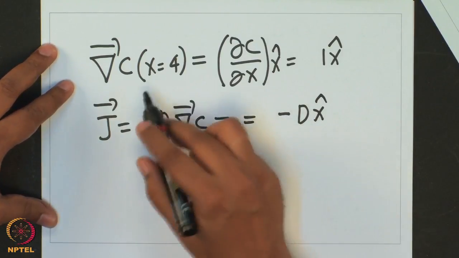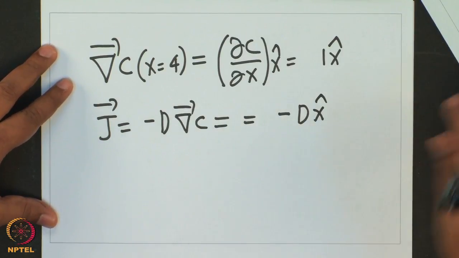So this would mean that at x equal to 4, the flow has to be along the minus x direction.